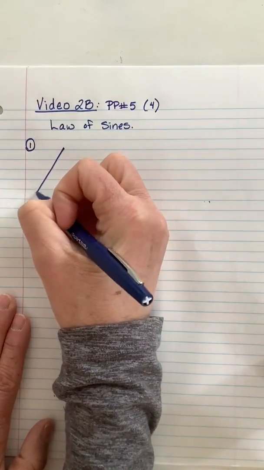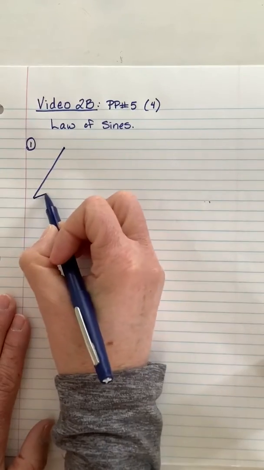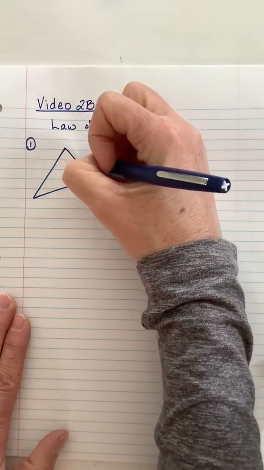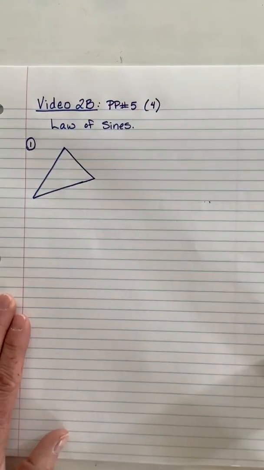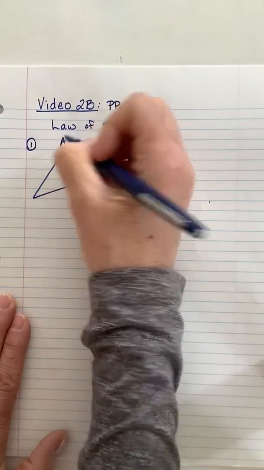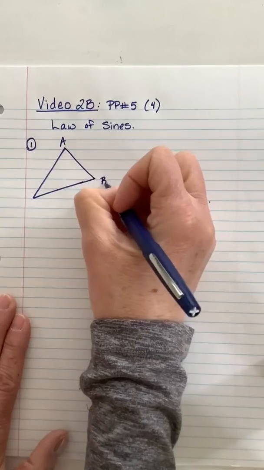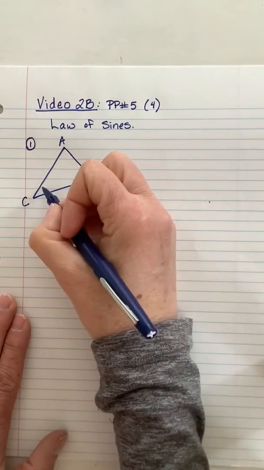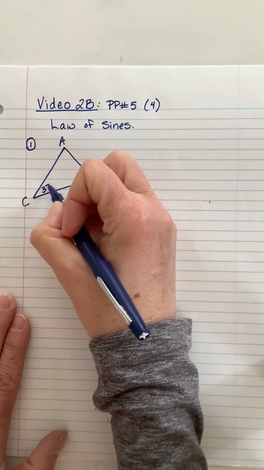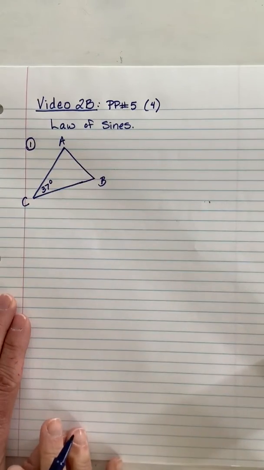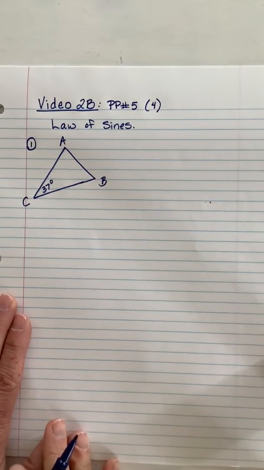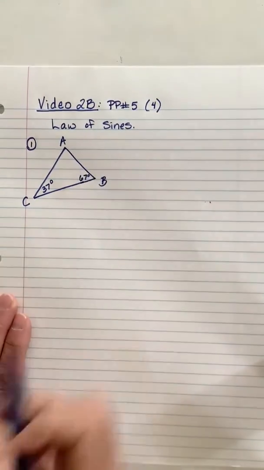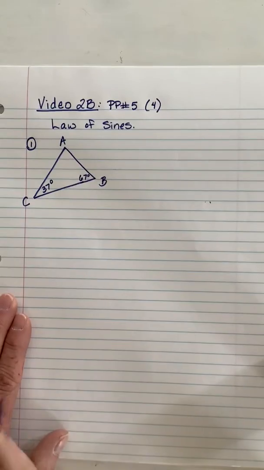Okay, so I'm just going to draw a generic triangle. Remember, triangles are not to scale. So we've got A, B, and C. It would take me forever to draw these for you if I were using a protractor, so I'm just eyeballing it. I've got 37 degrees in that angle, 67 degrees in this angle.